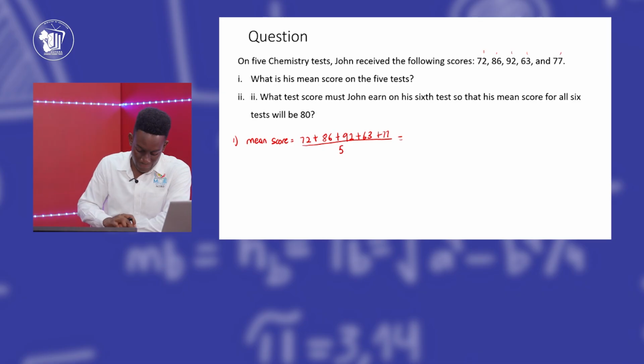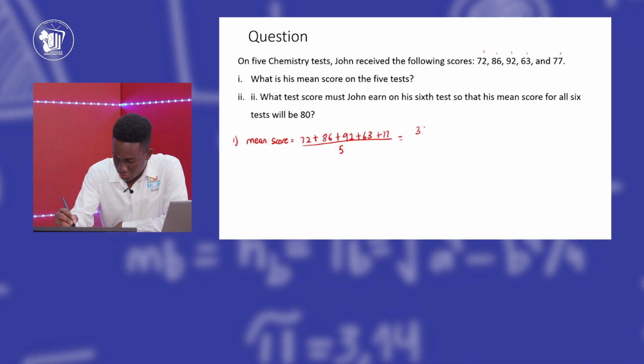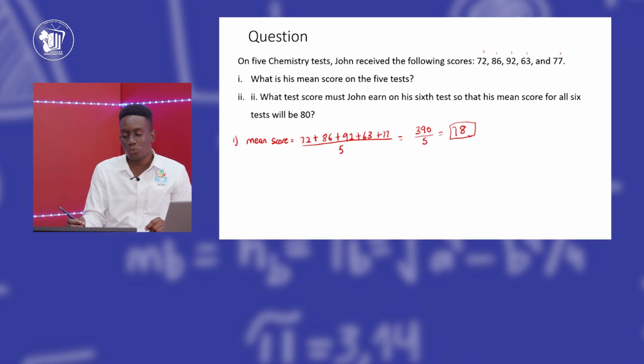So we add up the 72 plus the 86 plus the 92 plus the 63 plus the 77. We will get 390. And this now has to be divided by 5. So 390 divided by 5 would give us a value of 78. So we can say John's mean score on these 5 tests would be 78.